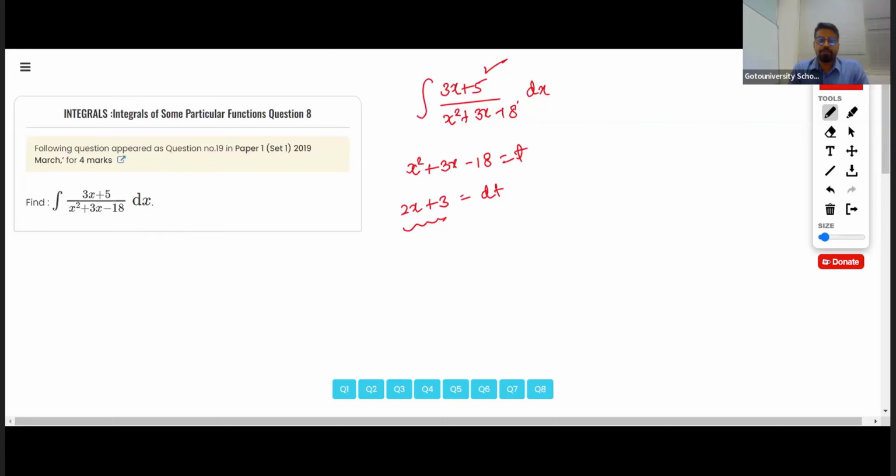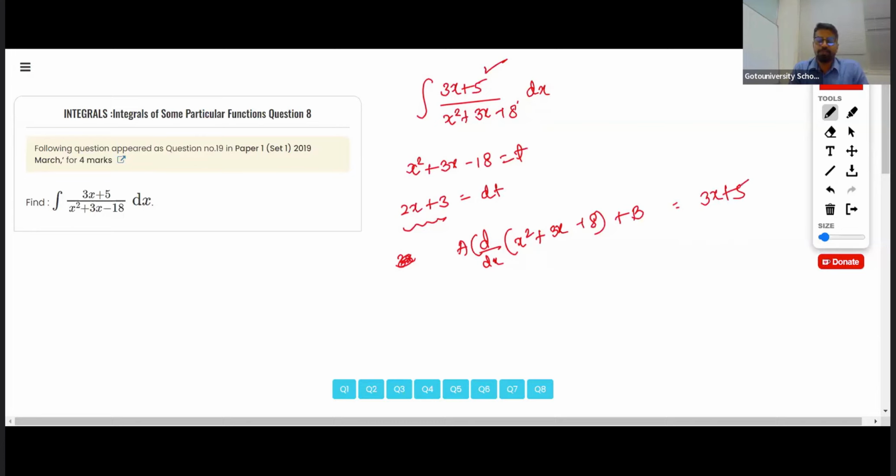So now we have to write this expression in such a way that we get this. I'm going to write 3x plus 5 as a times d by dx of x square plus 3x minus 18 plus b. There is a reason why we are doing it.